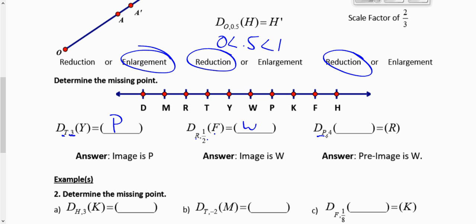What's our center of dilation? P. Right here. Oh, okay. Here they're going backwards. What was the result of the dilation? So we started at P and we ended up at R. What did we do to the distance to get there? -4. So whatever the original distance was, we multiplied that original distance by what? -4.